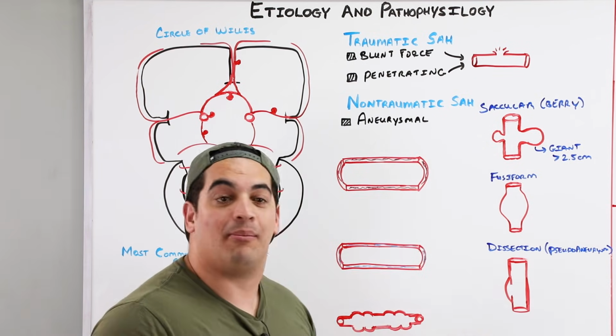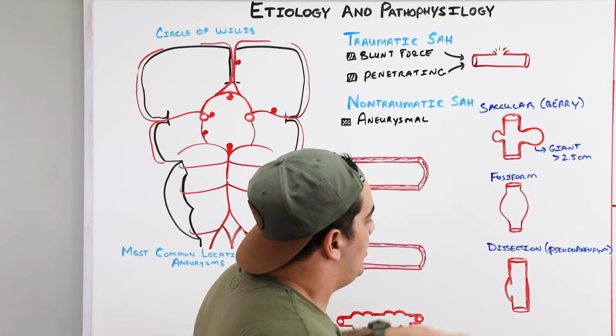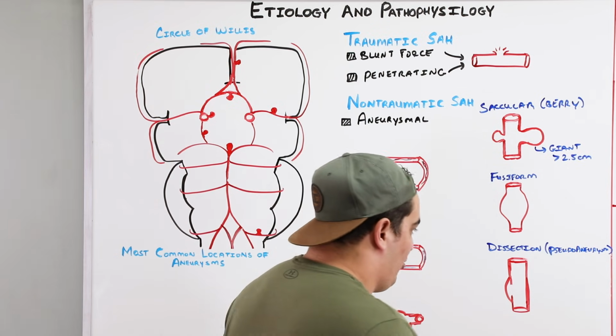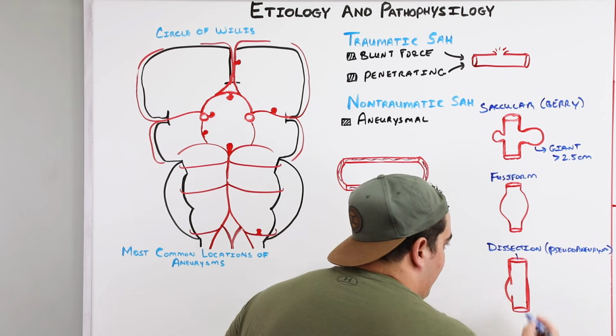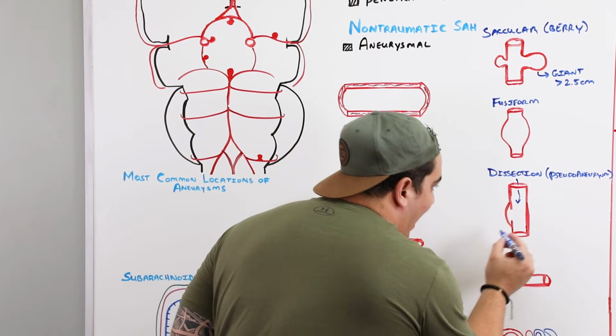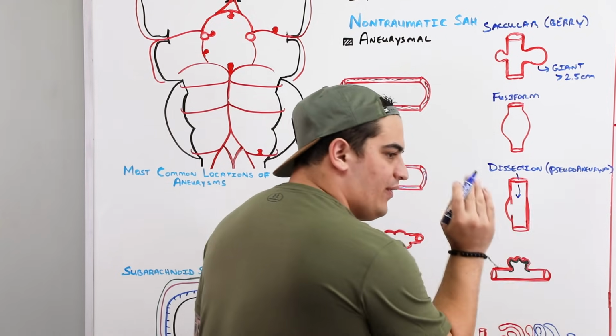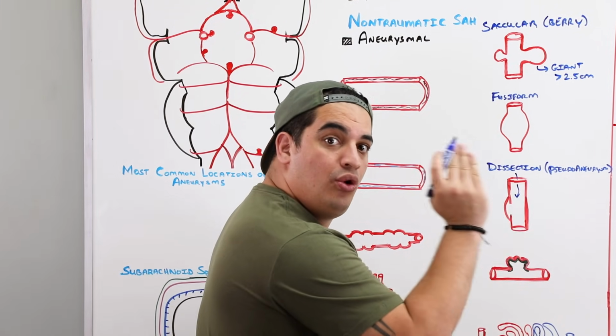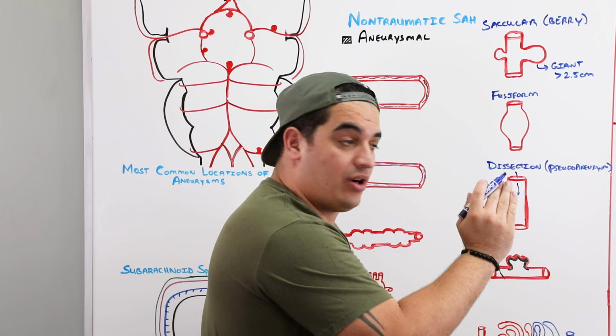So we call it a pseudoaneurysm. Okay, very important. The reason why, really quickly here, is let's imagine blood flow is running through this vessel, and as it runs through this vessel, it tears through the intimal lining. So you have a tunica intima or interna, tunica media, tunica externa.